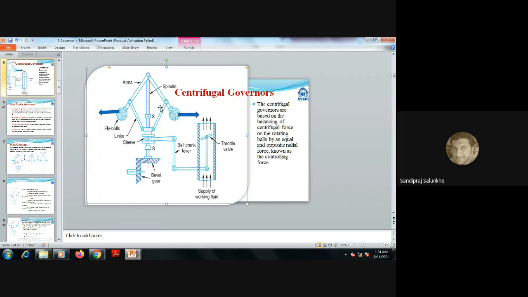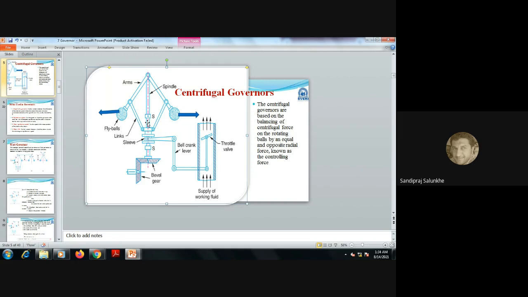So what happens if the speed increases, this fly ball gets in outward direction because m r omega square will get increase. हे फ्लाय बॉल बाहेर ढकलले जातात किंवा ओढले जातात सेंट्रिफ्युगल फोर्सने. हे बाहेर ओढले गेले तर स्लीव अपवर्ड डिरेक्शनला मूव्ह होते.